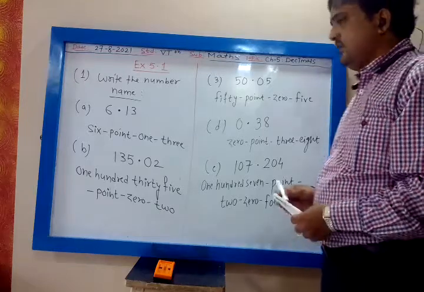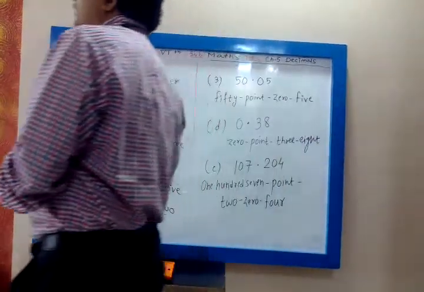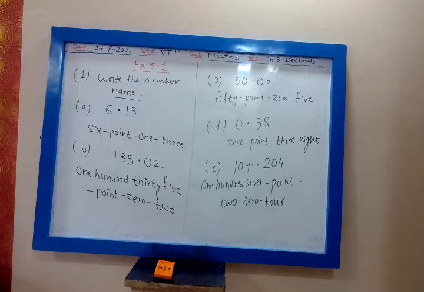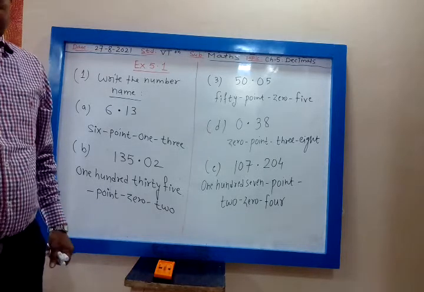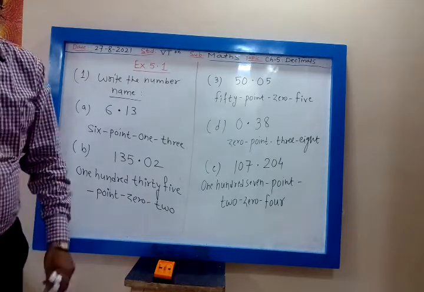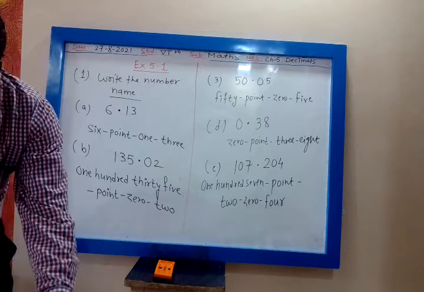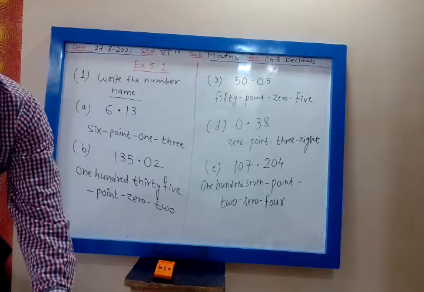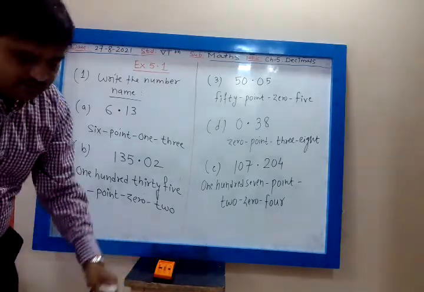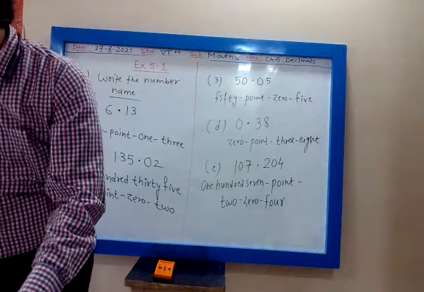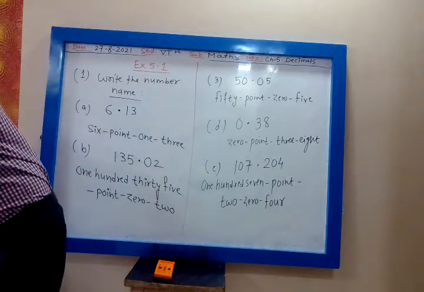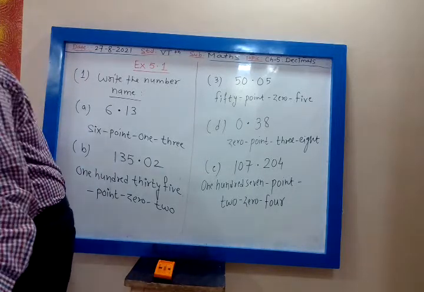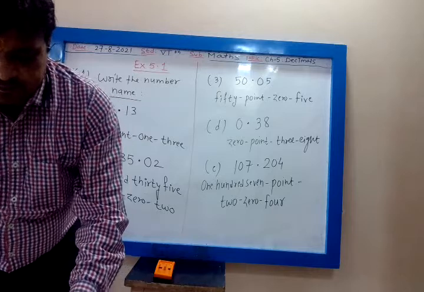We don't read 204 as a whole; after decimal you will read the given number as single digits. Before decimal you will read that as the whole number.